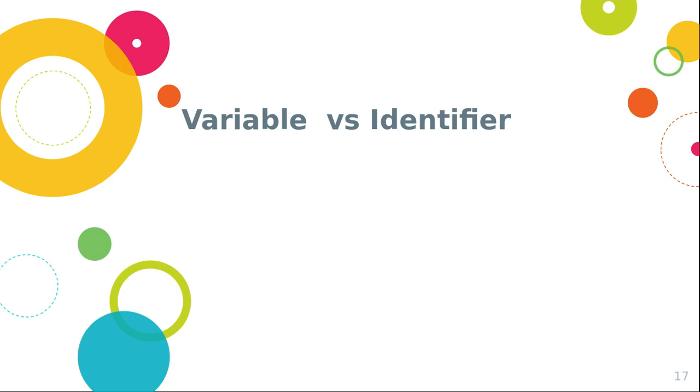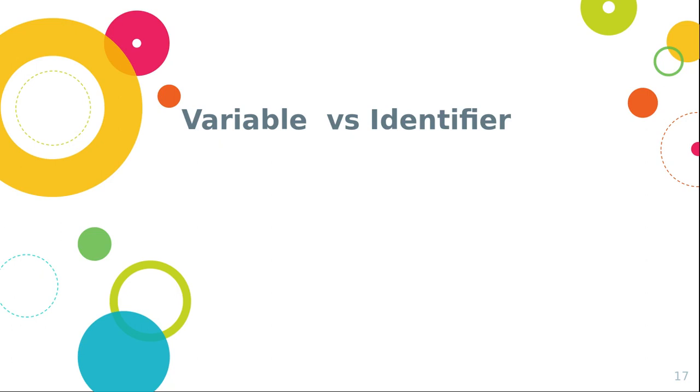But if you are talking about a variable, then the value of the variable can be assigned; whatever values are assigned to a structure, enumerator and union, they are variables. So an identifier is a unique name given to an entity to identify it, whereas a variable is a name assigned to a memory location which is used to contain the corresponding value in it.